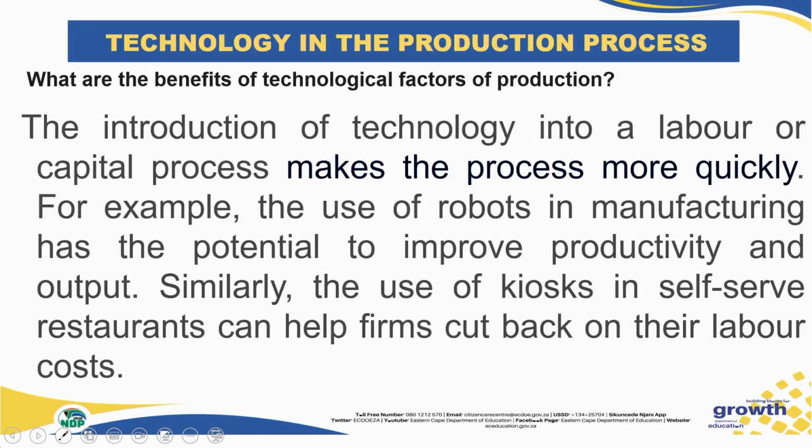Technology in the production process. What are the benefits of the technological factor of production? Now, the introduction of technology into a labor or capital process makes what? The process quicker. So the technology was introduced to collaborate, because it makes things quicker.